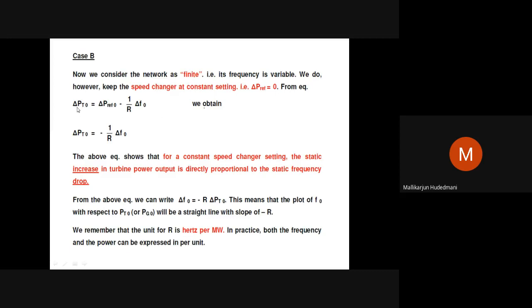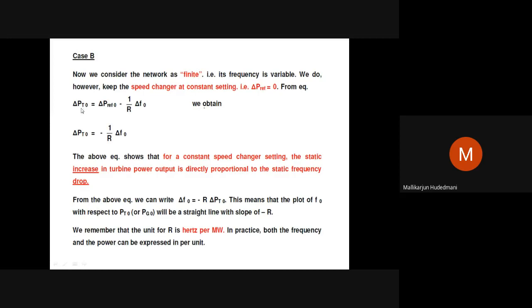Then we have an infinitesimally small change in turbine power. Delta PT equals delta P ref 0 minus delta F divided by R. This is the equation for how the power balance is done. This is the feedback from the turbine with the droop nature, delta F divided by droop, and the set point. This mismatch is the requirement of delta PT.